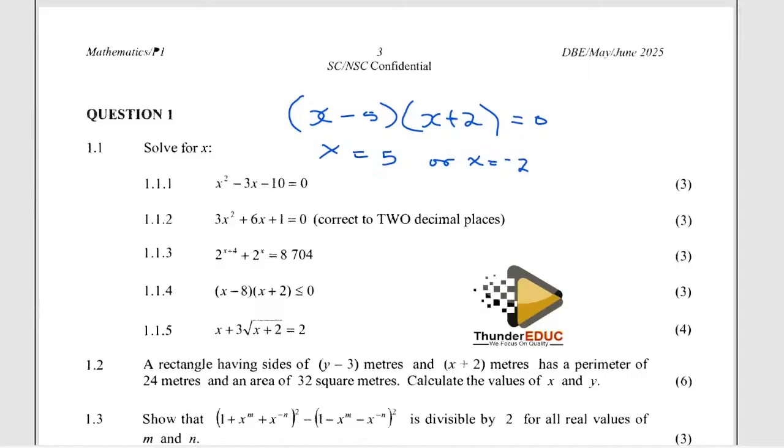And then 1.1.2, telling us we have 3x squared plus 6x plus 1 is equal to 0, correct to 2 decimal places. So this one simply means we're going to have to use the quadratic formula. So I'll put it this side. So 3x squared, okay, 3x squared, let's see, okay, plus 6x plus 1 is a 0.